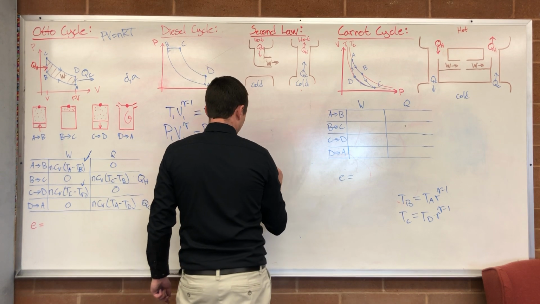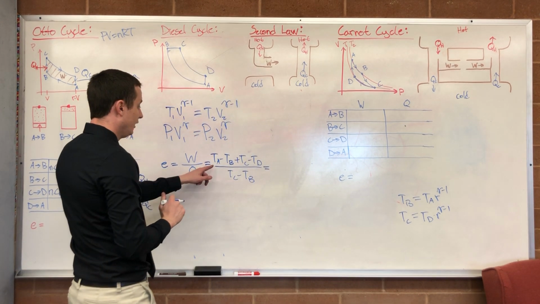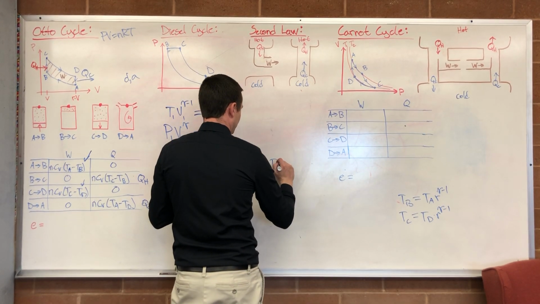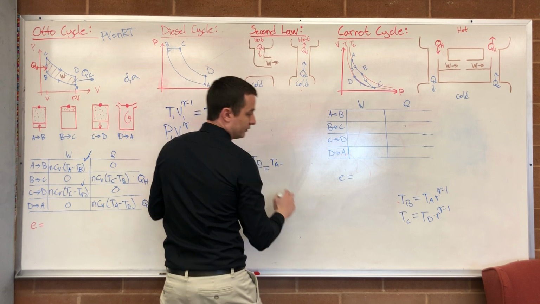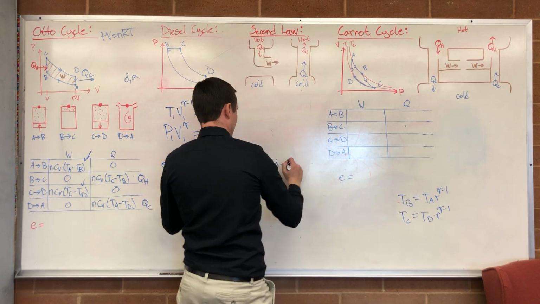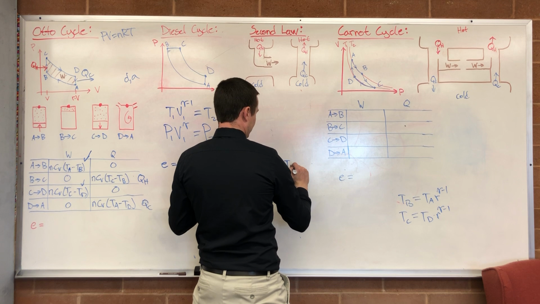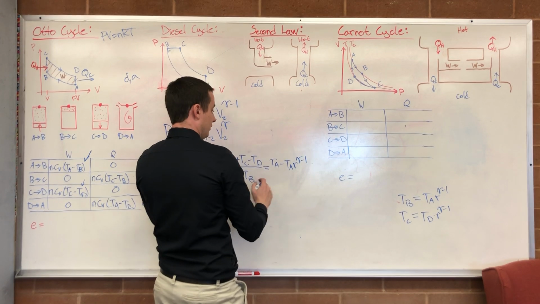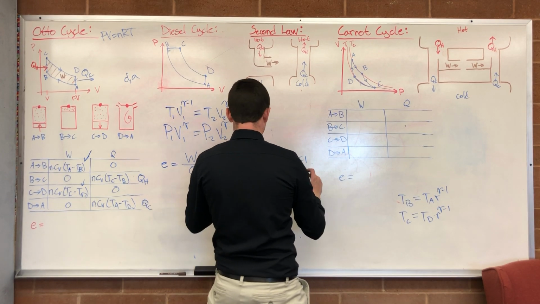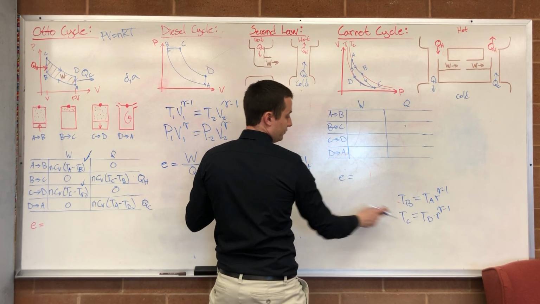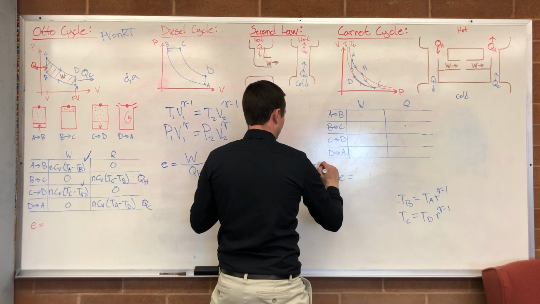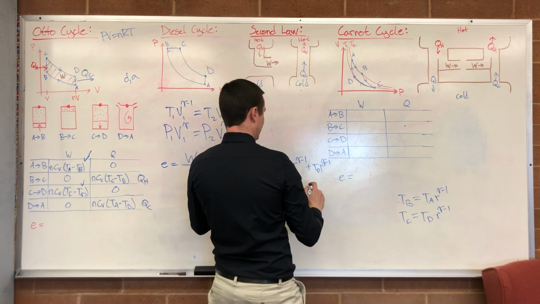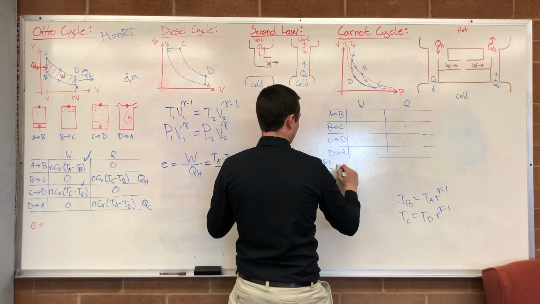So this is equal to TA stays TA, so we have TA minus TB gets converted to TA times r to the gamma minus 1. Our substitutions still work? Yes, because it's still an adiabatic process. We didn't mess anything else up. Minus 1 plus TC, which is going to be TD times r to the gamma minus 1, and then we're going to have minus TD.